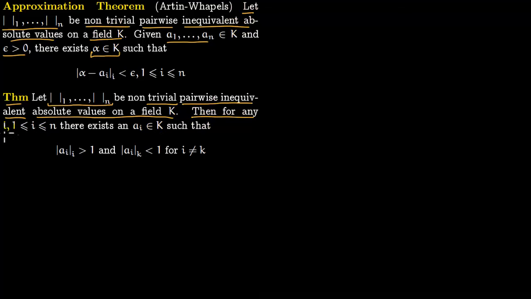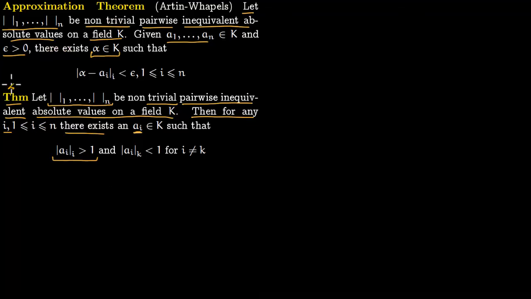Then for any i between 1 and n, that is for any of these absolute values, there exists some number ai in k such that if you take its ith valuation, it is greater than 1, and for the others it is less than 1. So for a single valuation it is greater than 1; these indices should match, and if these indices do not match, then it is less than 1. We will prove this theorem later, but using this theorem let us prove the approximation theorem.